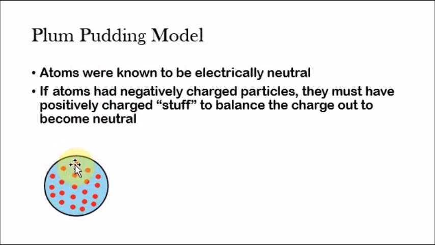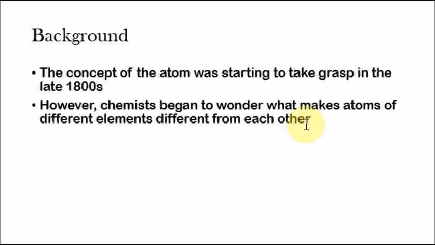He basically said these electrons are kind of like the raisins, and they're dispersed throughout an atom, and the blue area is just this positive stuff, and they balance each other out in order to create the atom. For a while this was the theory of the atom, and it helped answer the first question, how atoms of different elements were different from each other.